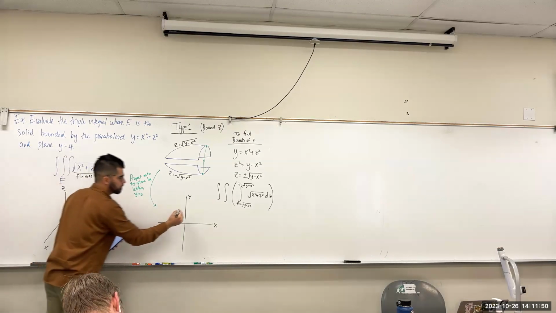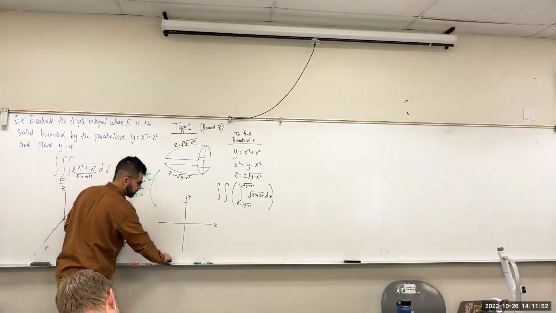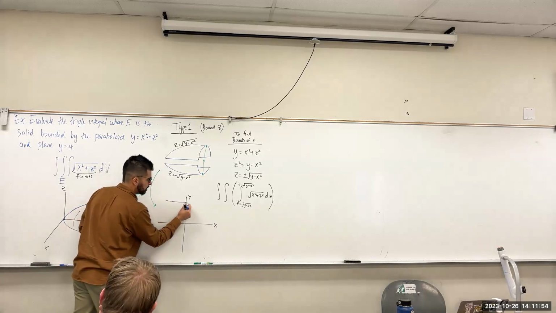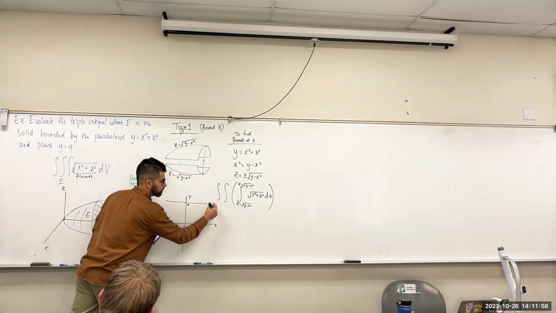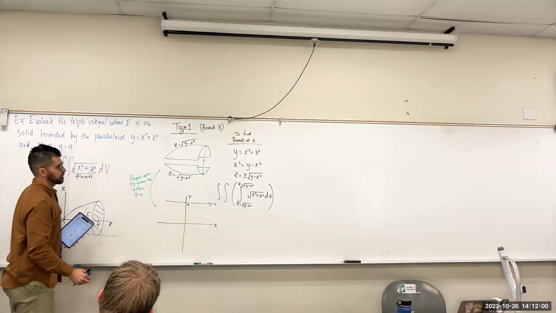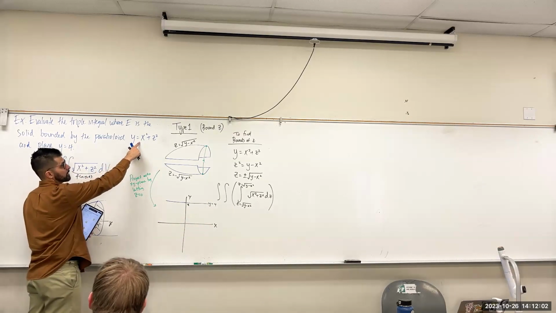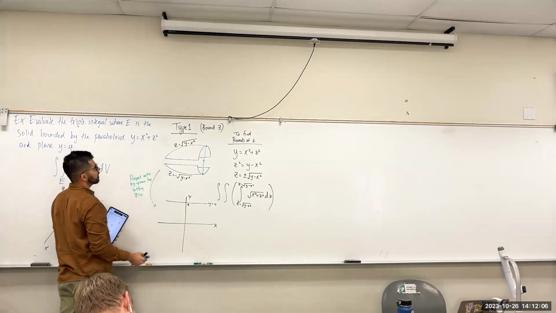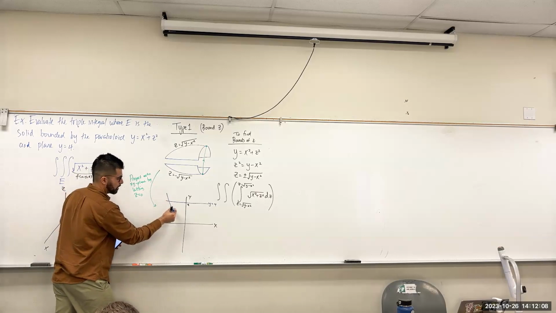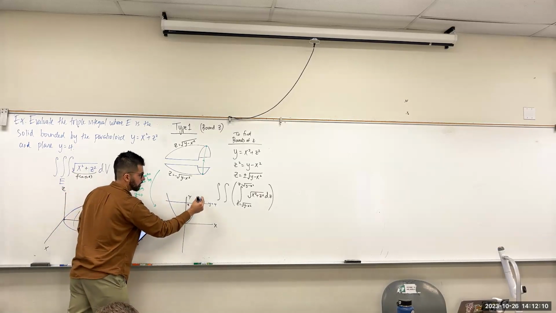Y equals 4. That's right here. That's just this guy right here, that line. This is y equals 4. But then this equation, if I let z equals 0, that's going to just be y equals x squared. So that's this parabola right here.